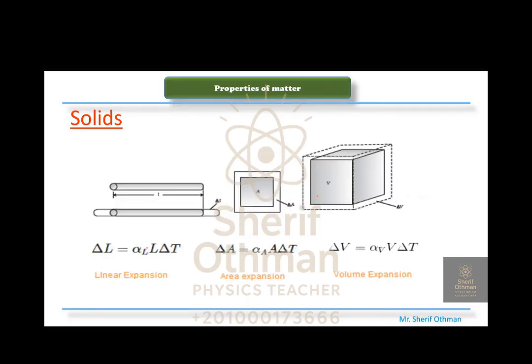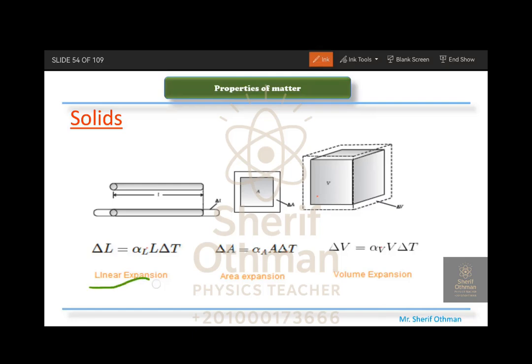Here are the 3 types of expansion. First, linear expansion. Delta L, the amount the length increased, is equal to the linear expansion coefficient multiplied by the original length and the change in temperature.